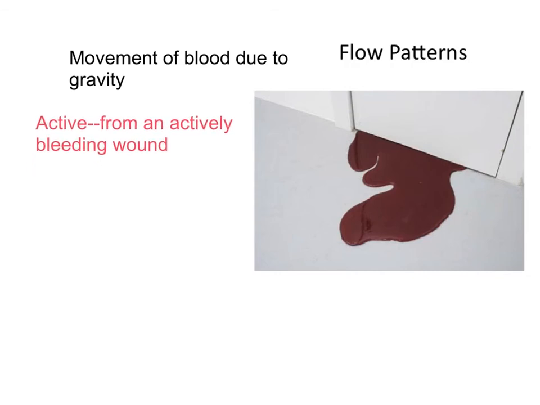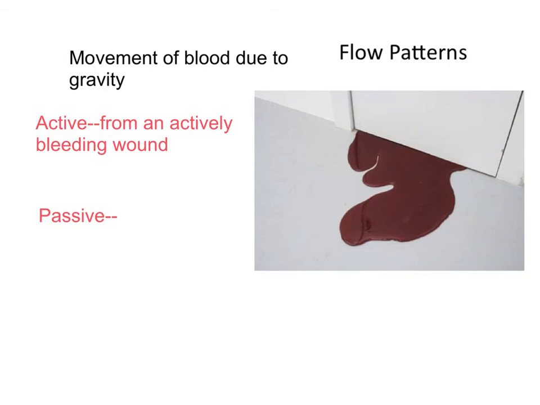And then we have passive. So if that was active, what do you suppose passive is going to be? If you cut yourself and you just lay there and you let the blood flow from your body and gravity take its effect, that's going to be active.